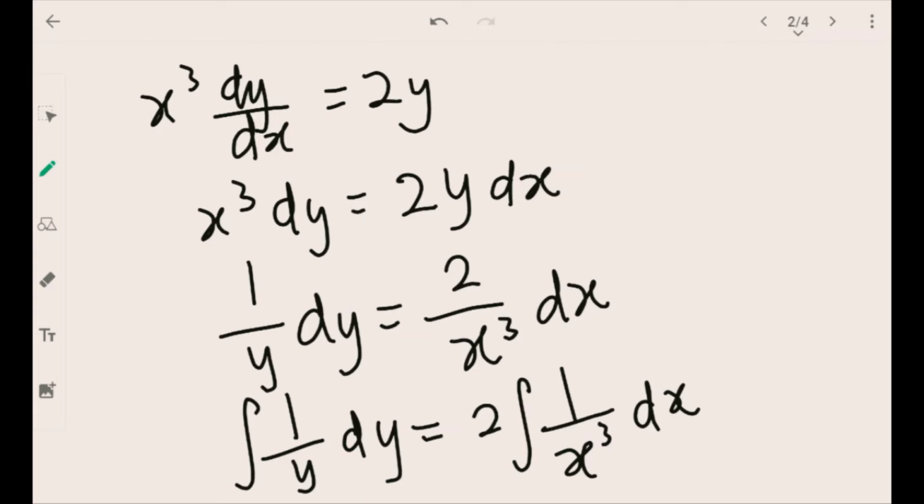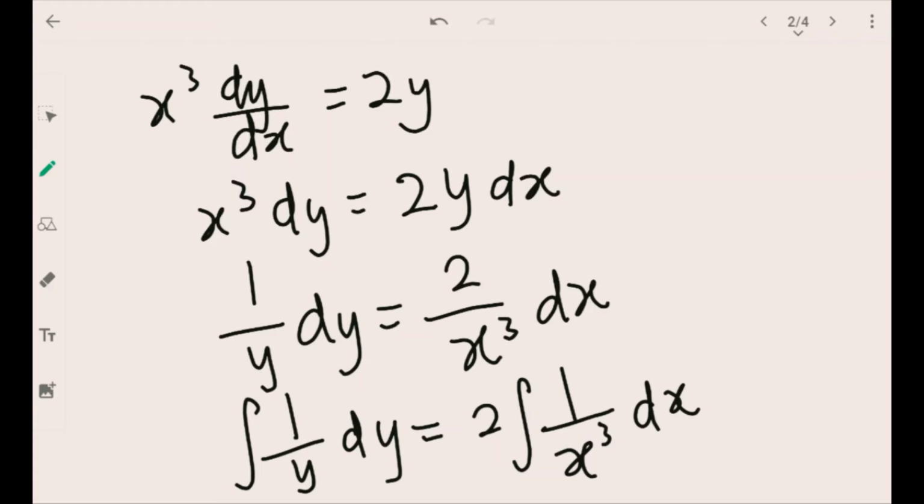So what we need to do is separate it first. For this case, I recommend you separate it even though it's not in the same form, to avoid any mistakes. So x to the power of 3 will be with dy first, then equals 2y dx.